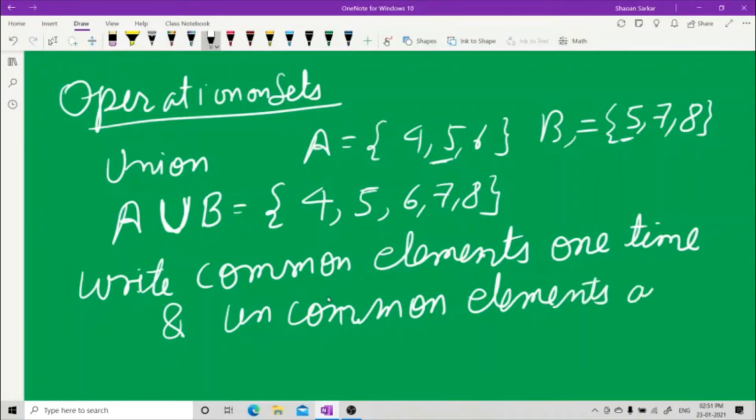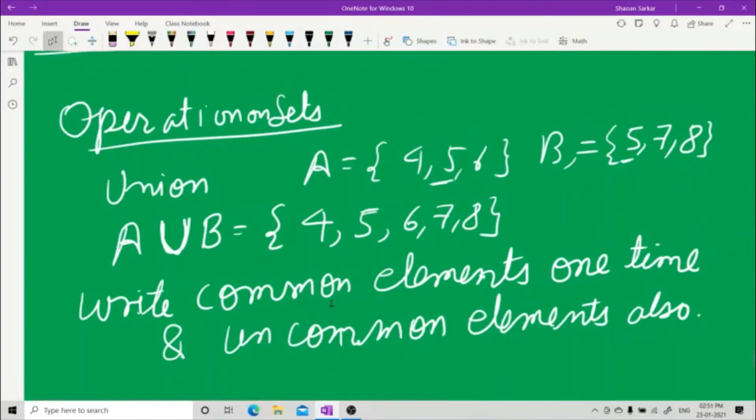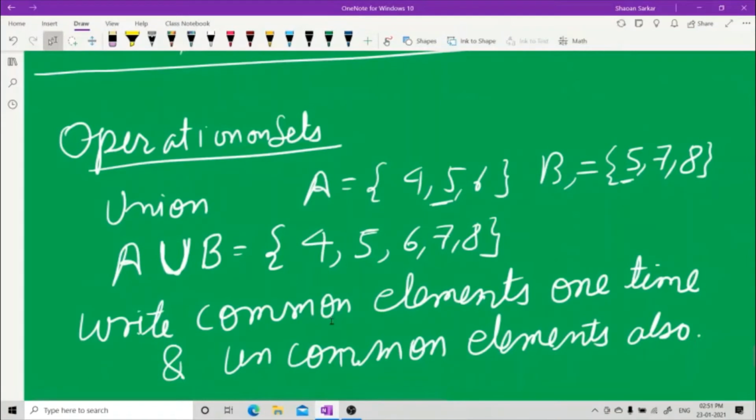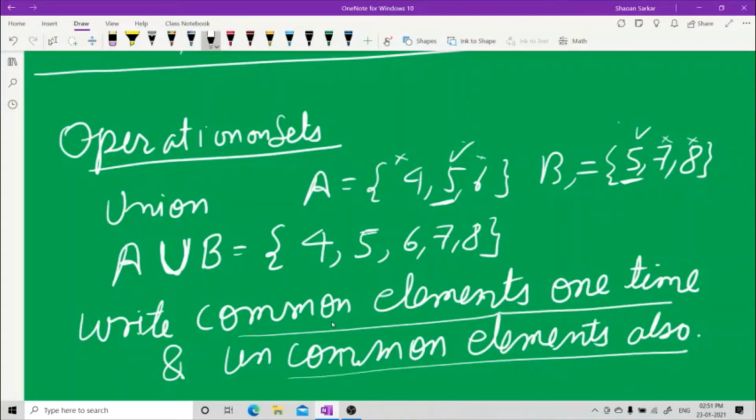Now this is A union B. Now see here, common elements have to be written once. This is common, and these are uncommon. These two are uncommon, and you have to write them only once. Common elements are written one time and the uncommon elements also.